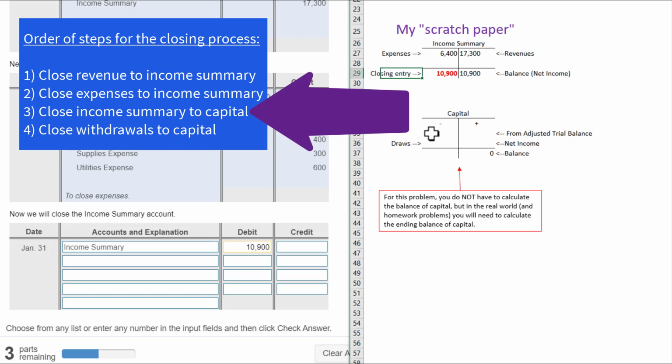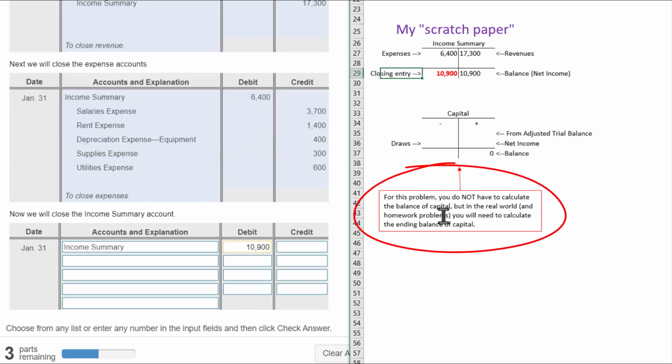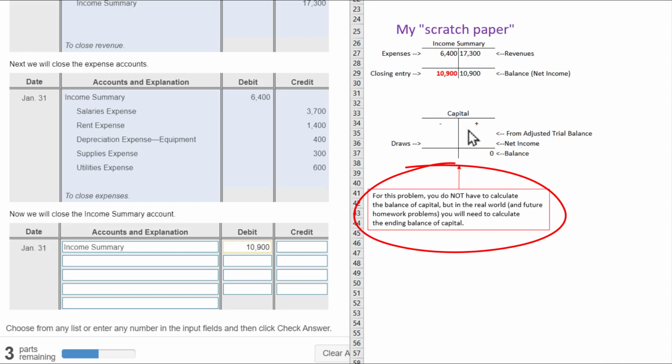All right. So one thing I want to do first is, now remember, you don't have to do this T account for capital for this homework problem. For this problem, you do not have to calculate the balance of capital, but in the real world and in future homework problems, you will need to calculate the ending balance of capital. So let's calculate capital.